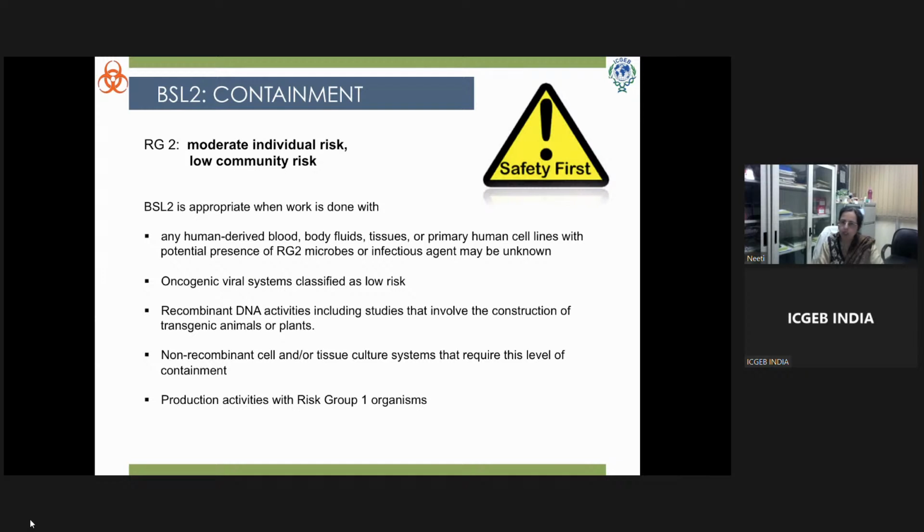All non-recombinant cell or tissue culture systems which are being used with risk-2 microbes are categorized under BSL-2, and all high volume or large-scale activities with risk-2 organisms also get categorized under BSL-2, so that the appropriate safety measures can be put in place to prevent their spread or contamination in the local environment.